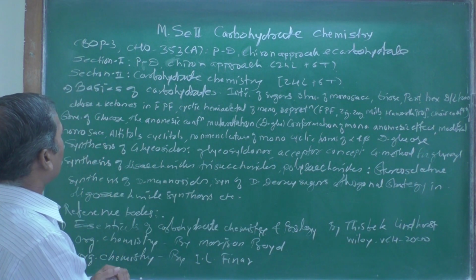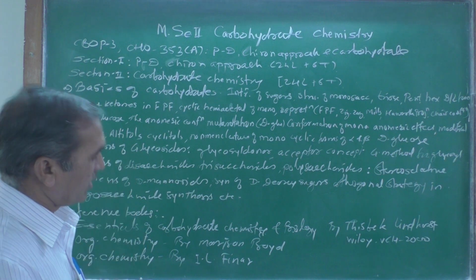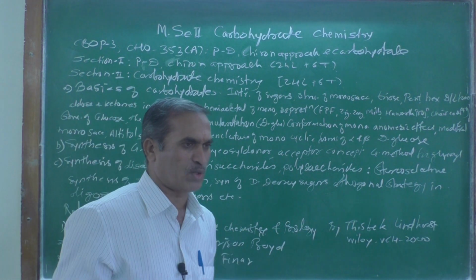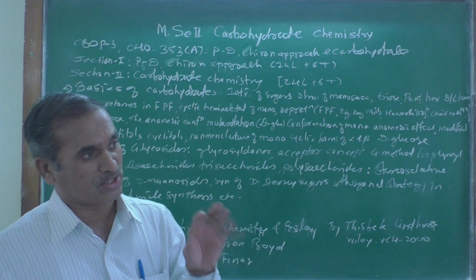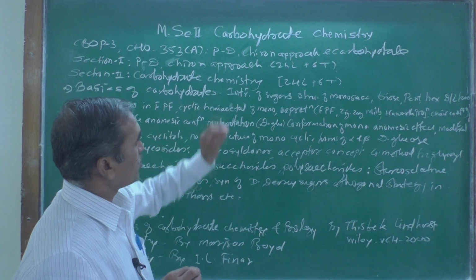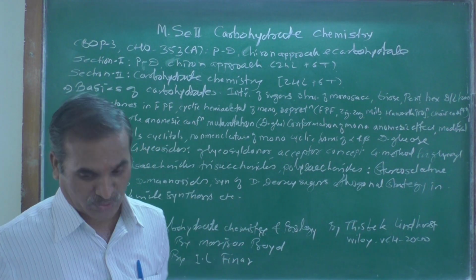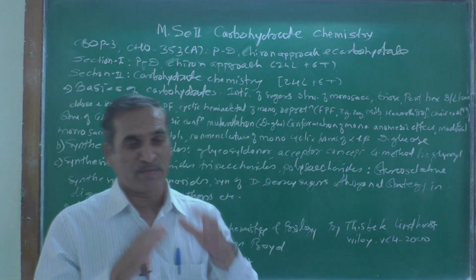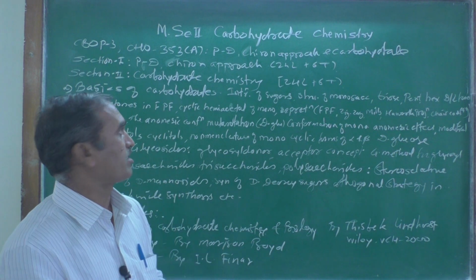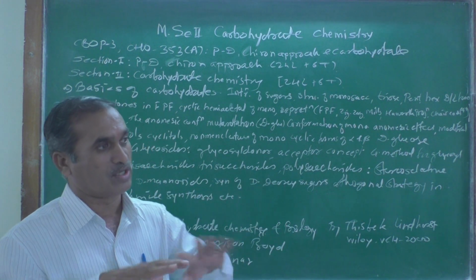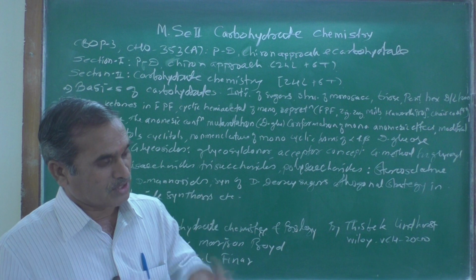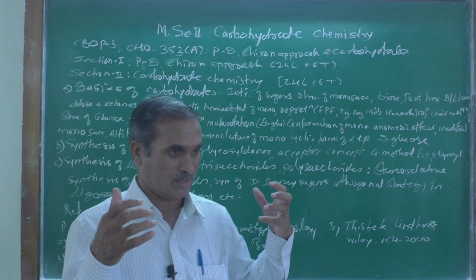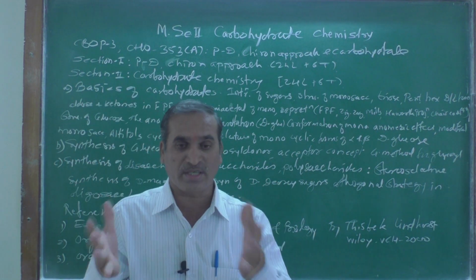And now here is the basics of carbohydrates. In the basics, we are going to see how it is generated. So the introduction of sugars, and as we know, the alternative name for sugar is saccharides.